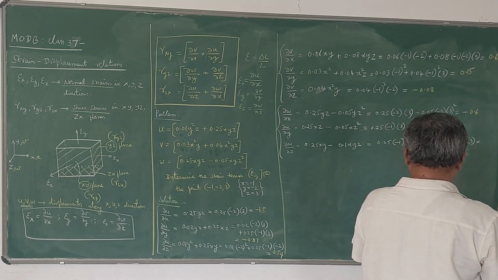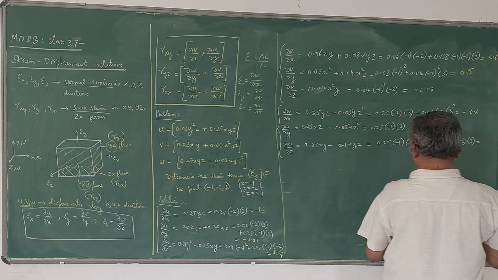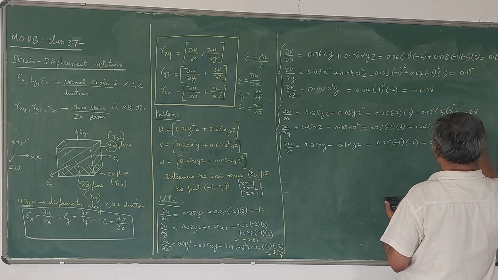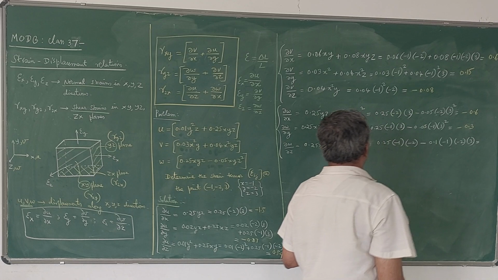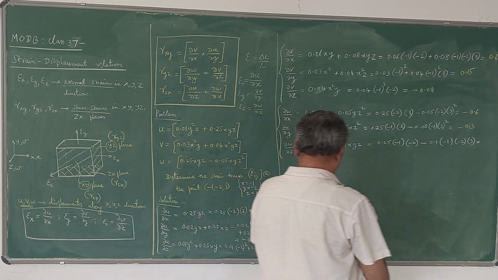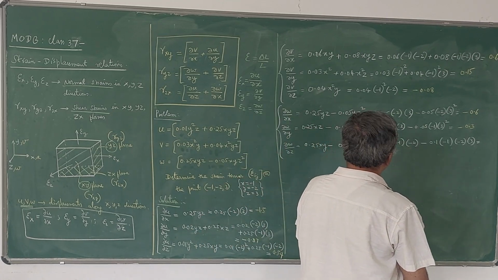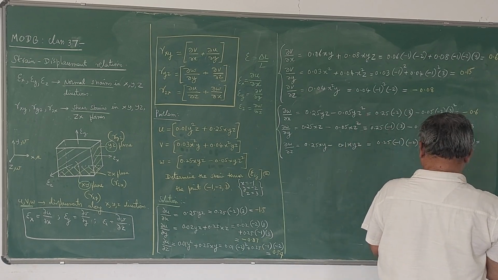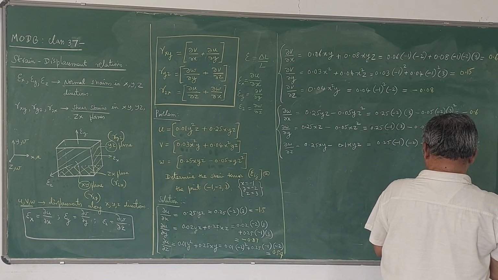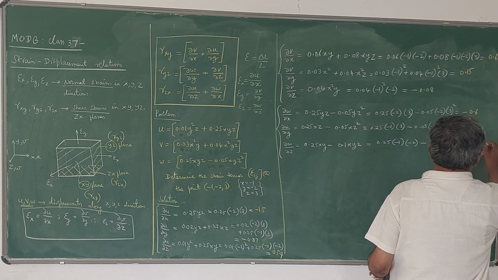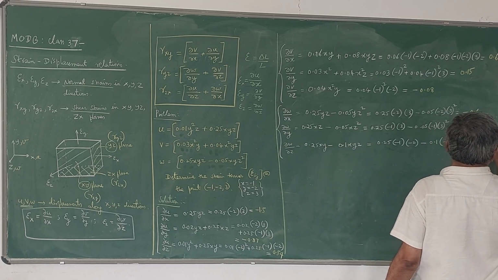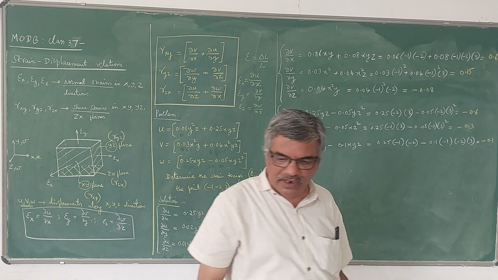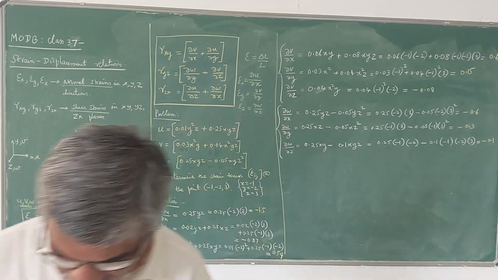So it comes out to be minus 0.3. Next, lastly, we have 2 into 0.25 is 0.5, and this is minus 0.6, which is minus 0.1. So these are the values of the derivatives at that particular point.